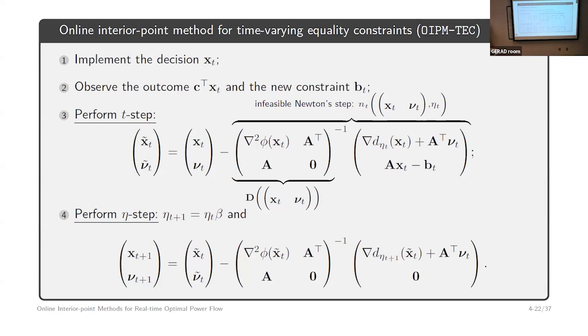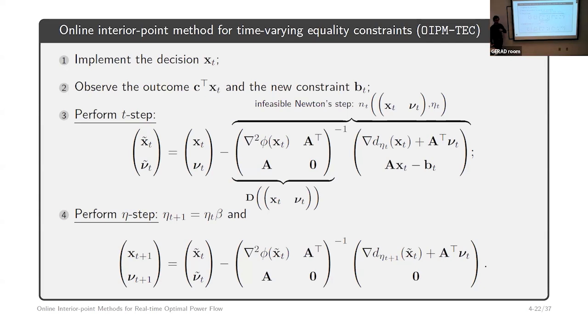Now there are two steps. We first start by implementing our decision xt. We observe the consequence of our action. Here, that's our objective, but we also get the new constraint vt, say our new loading, and we need to adapt. We'll first perform a t-step, which is basically an infeasible Newton step with the scaling parameter eta t.